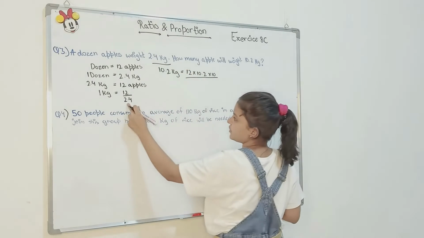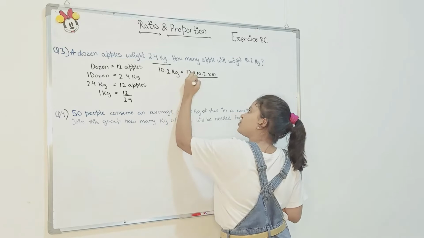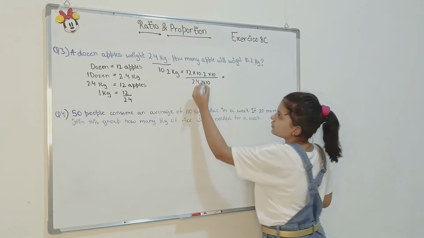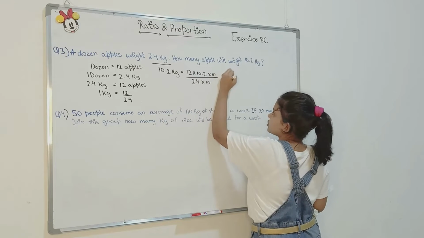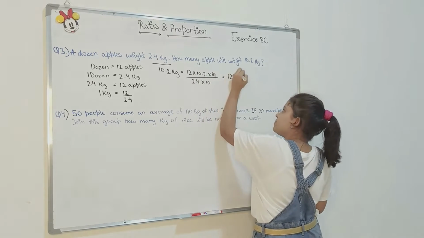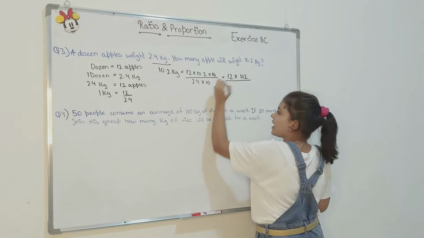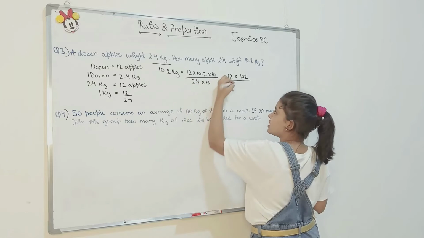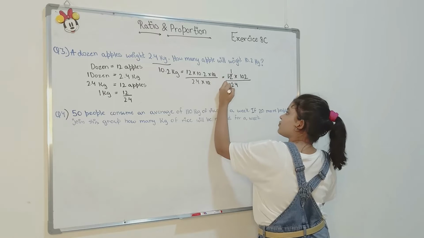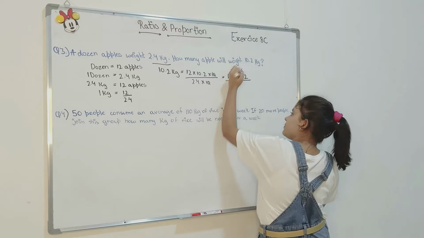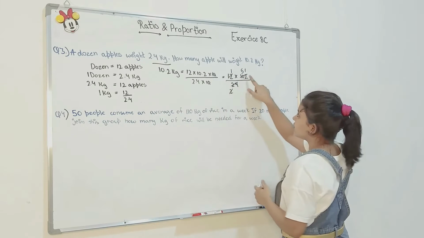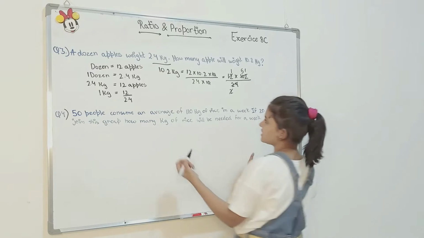Again, now 12 was multiplied with 2.4, so we'll add 10. 2.4 into 10 is equal to, so first 12 we just put it like this, 12, then here we cut 0 and then we get 102, and then we'll divide it, and then similarly here 0 we can use as decimal, so 24. Now 12 ones are 12 and then 12 twos are 24 and then 2 fives are 10 and then 2 ones are 2. So 51, and if we multiply 1 with 51 we will get the same answer.